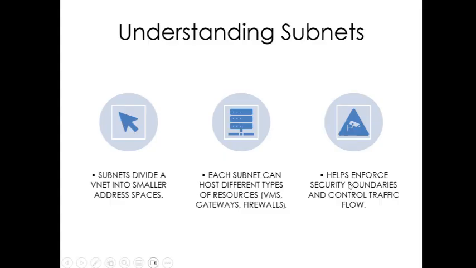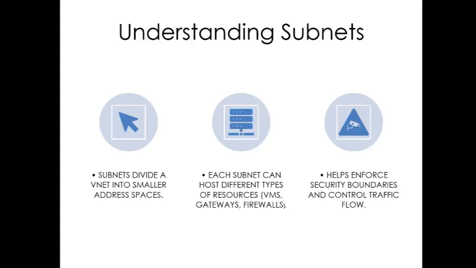It also helps enforce security boundaries and control traffic flow. By dividing your network into subnets, you can control access to that subnet, or who talks to whom. Like I mentioned earlier, the network as a whole is a building and the subnets are the rooms in that building.